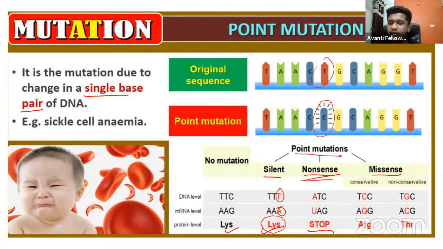Next one is missense mutations. When we talk about missense mutations, there are two types: conservative and non-conservative mutations. With conservative mutations, there is only a single base pair change.